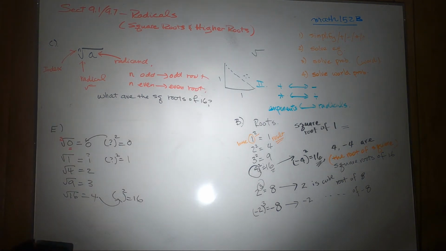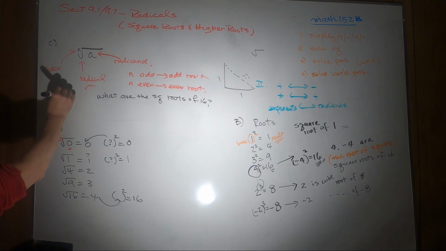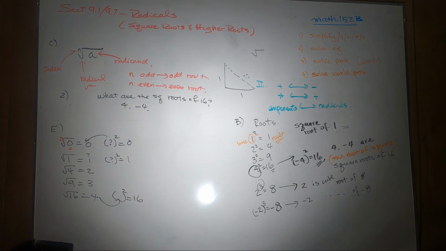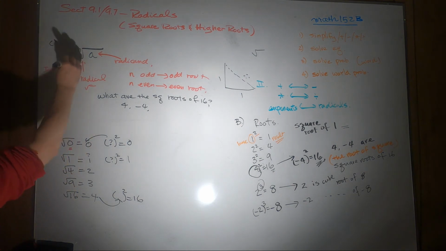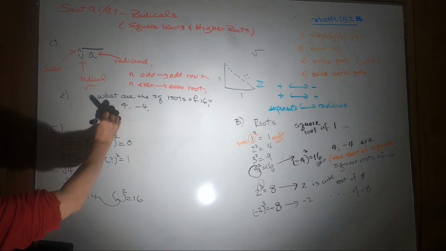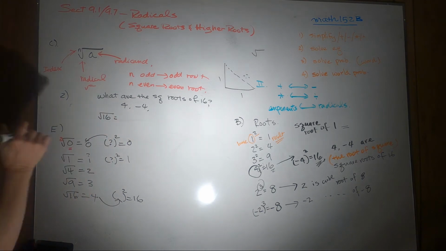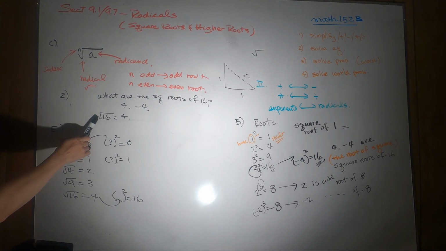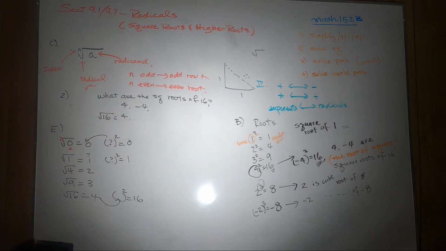The answer will be 4 and -4, right? However, if we use this symbol, square root of 16, we only write a 4, because this symbol only represents the idea of the positive root. Okay, because that's the symbol used for, right?